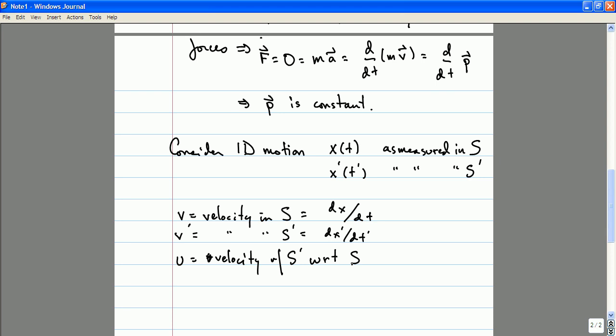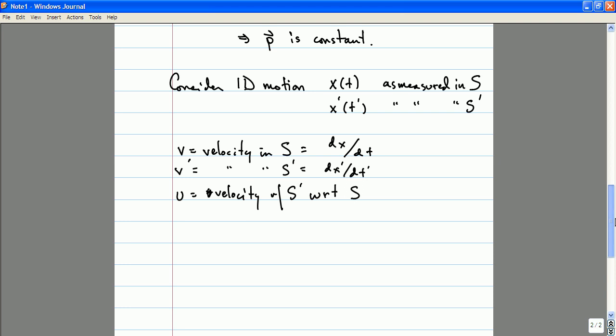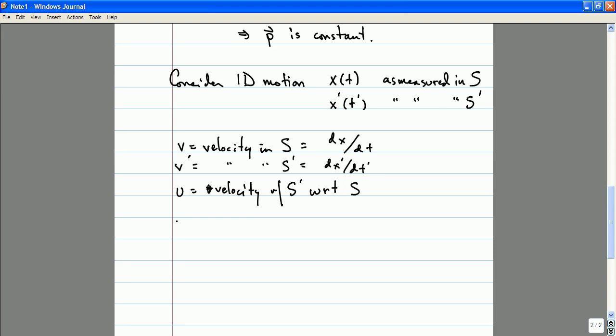And then, as we know, the coordinates of the S frame will be related to the coordinates of the S prime frame by the usual Lorentz transformation rule, which at this point should be second nature.